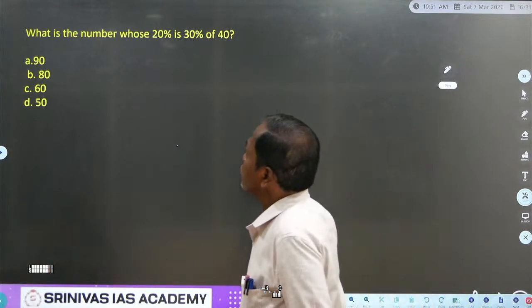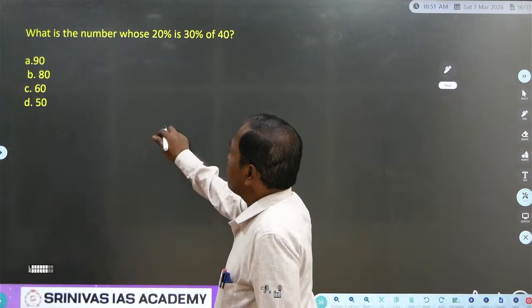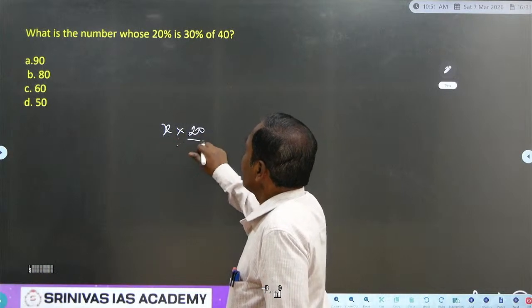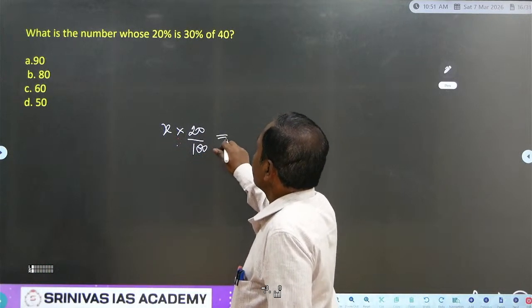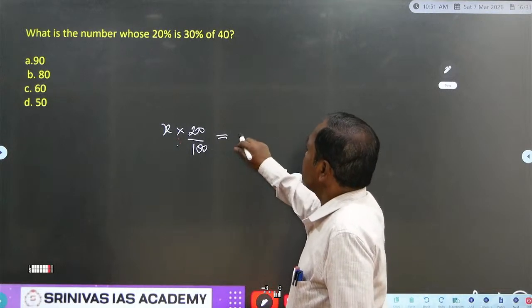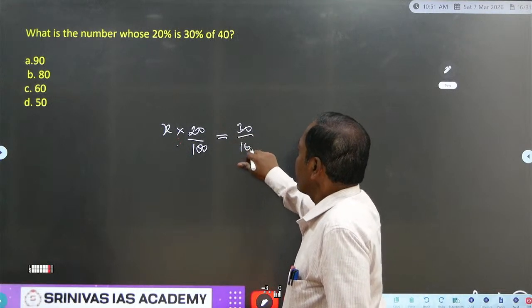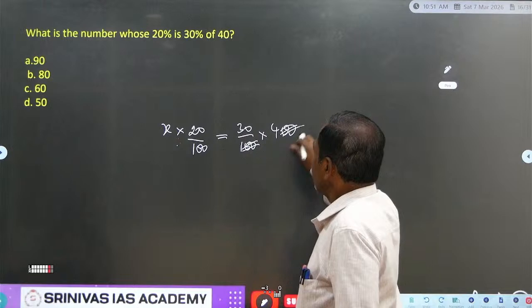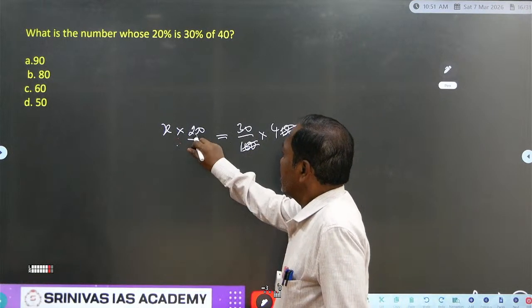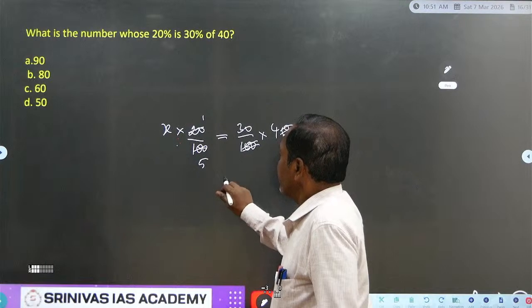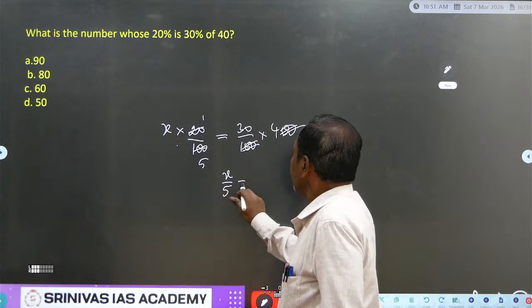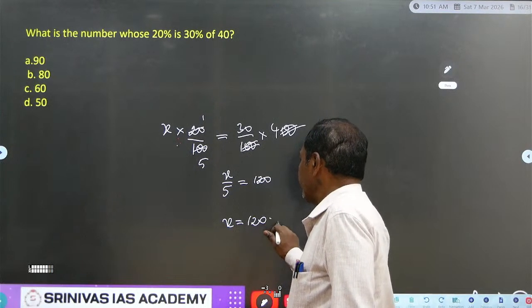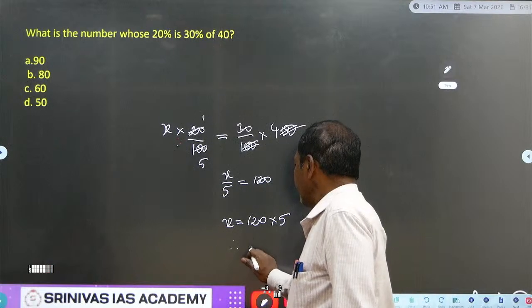We don't know. Let the number be x, whose 20% is 30% of 400. Right. So x by 5 equals 120. X equals 120 into 5. The answer is therefore 600.